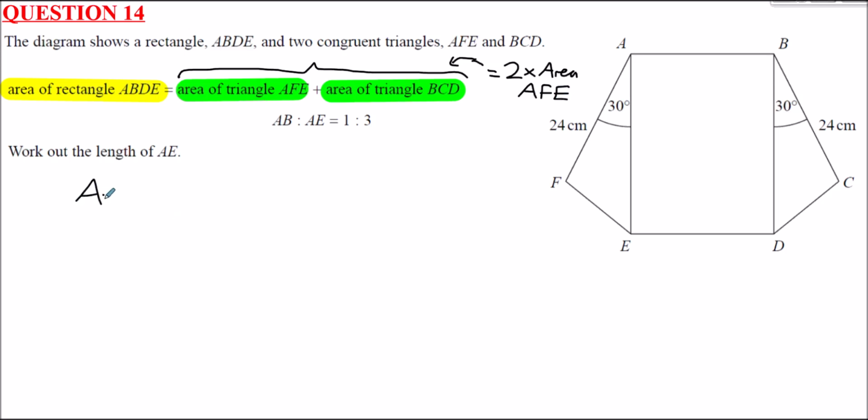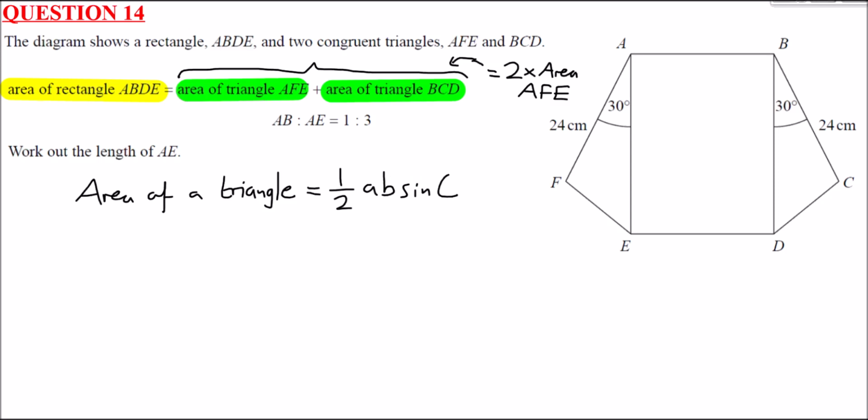We now need to recall the formula for the area of a triangle. Obviously it's not half base times height I'm on about here. That is the basic formula for the area of a triangle if we know the base and perpendicular height. But in general cases it's going to be half ab sine C. So if you know 2 sides of a triangle, you work out the area of it by doing half of one side times the other multiplied by the sine of the angle in between.